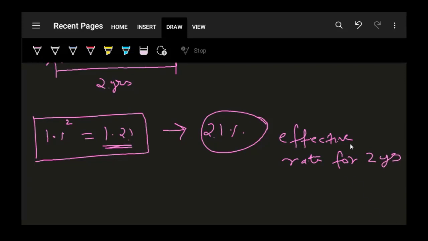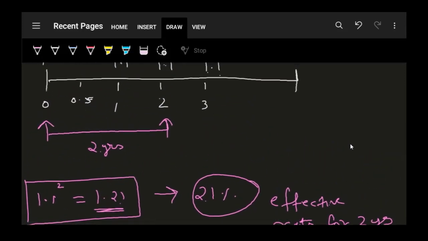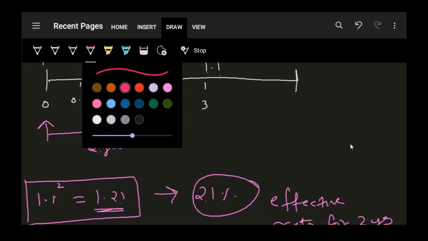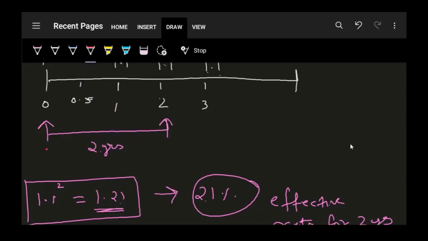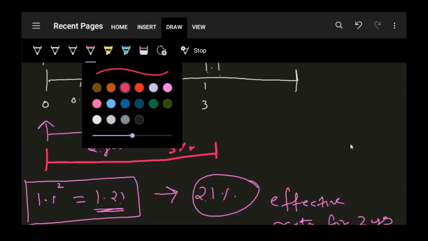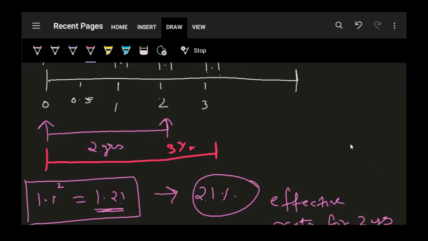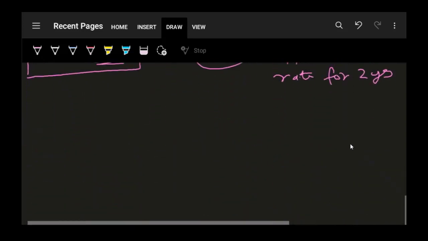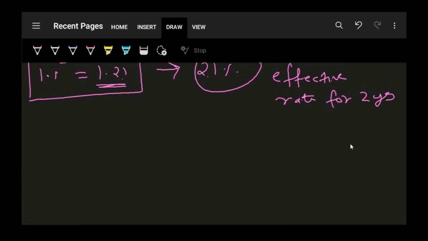Similarly, if I want to calculate the effective rate for a duration of 3 years, from here to here, what I'll do is, I know the accumulation factor for 3 years is 1.331.